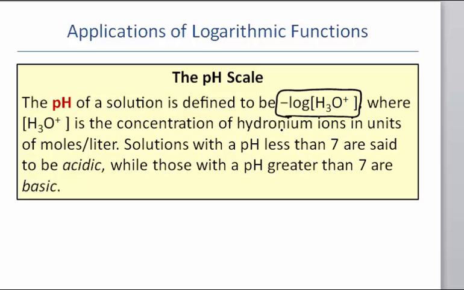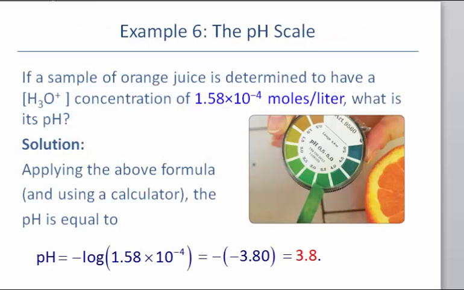I'm going to write that down: pH is equal to negative log of H sub 3 O positive. This one is worked out for us, and we're just going to follow along.